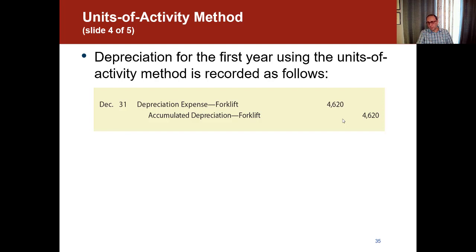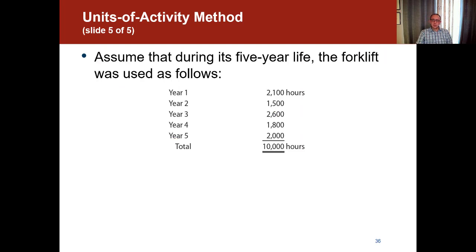But in real life, it's hard to get the exact same hours or exact same usage of an asset from one year to another. So assume that during its 5 years of life, the forklift was used as follows. We have 2,100, 1,500, 2,600, 1,800, 2,000, and the total is 10,000 hours.